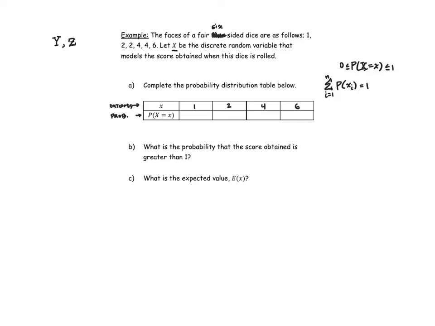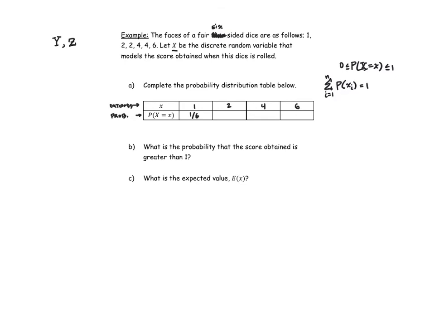All that means is that all of the probabilities should sum to 1. So every probability is between 0 and 1, inclusive of either side of that, and the sum of the probabilities should equal 1. Okay, so the probability that we could roll a 1 is 1/6.